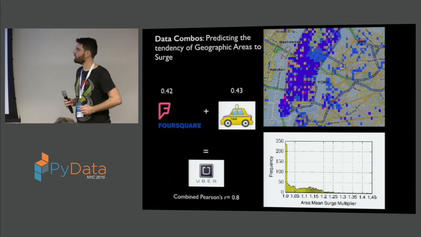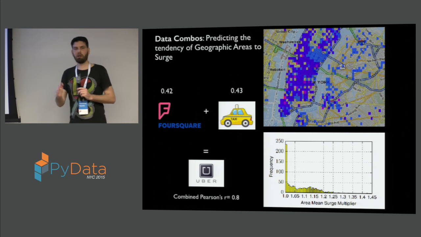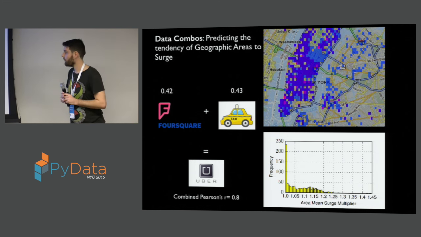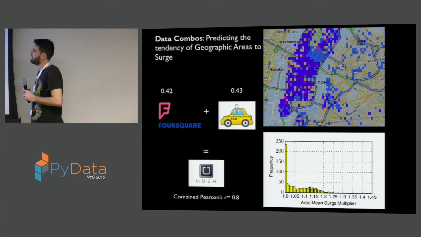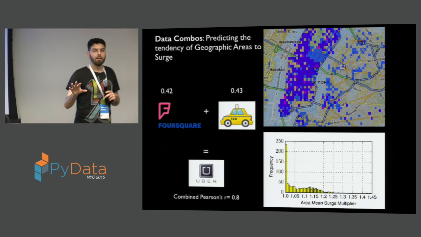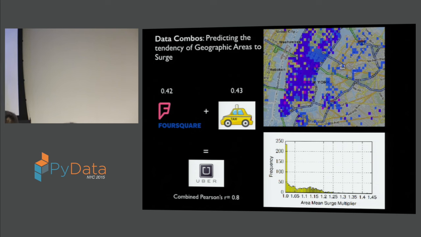The task we want to solve, and you might as well do it by downloading the surge prediction folder from the GitHub repo, is: given an area, can we characterize it in terms of Uber demand, and predict a value about it that is the mean surge multiplier, the average surge price multiplier for this particular area? And moreover, can we use Foursquare data and yellow taxi data to do this?